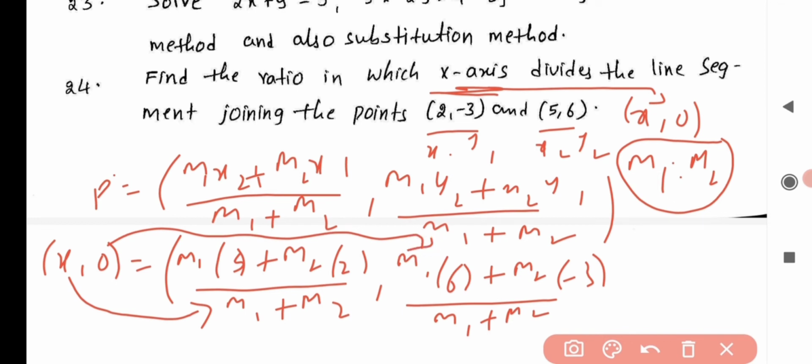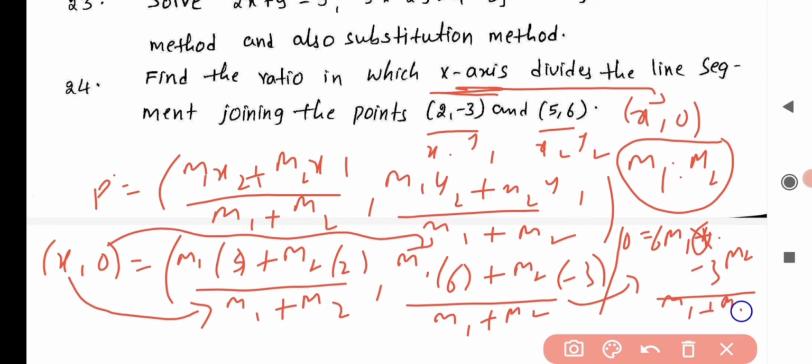Okay, so 0 equals this one: m1 into 6, 6m1, plus m2 into -3, minus 3m2, by m1 plus m2. This m1 plus m2 changes to the LHS, that is 0.